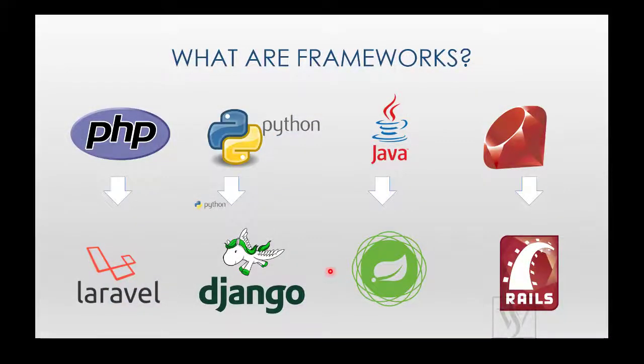Now, in this process, people don't always use the vanilla language. Each of these languages that we've mentioned so far have what they call frameworks. Frameworks are solution accelerators or workflow accelerators, depending on who you talk to.